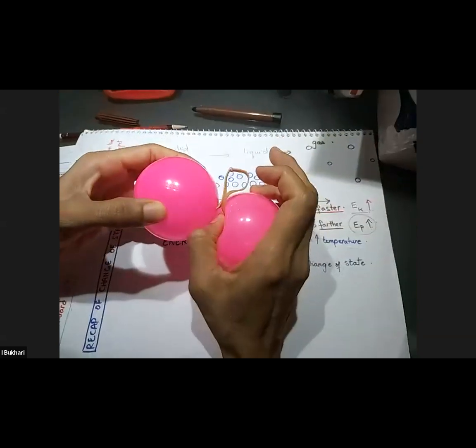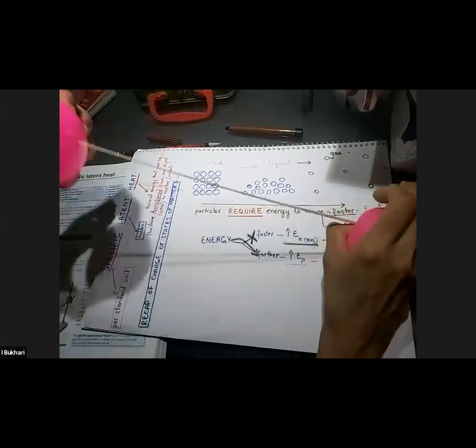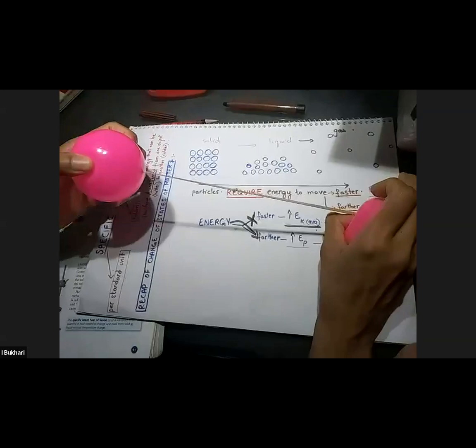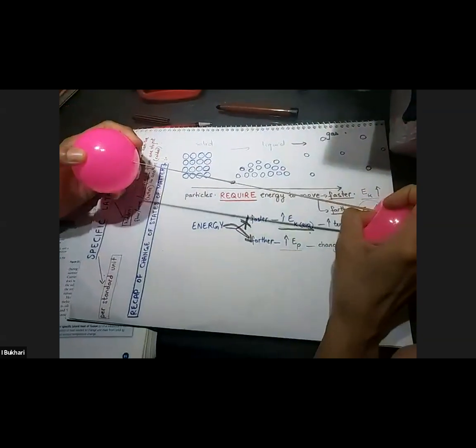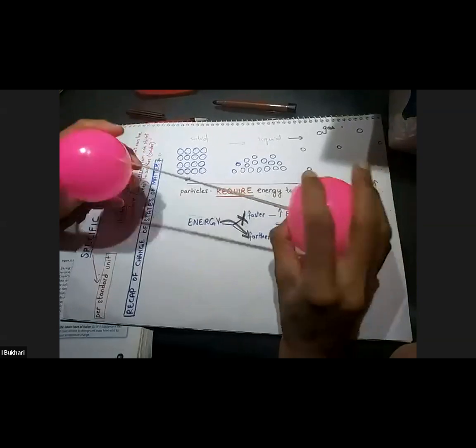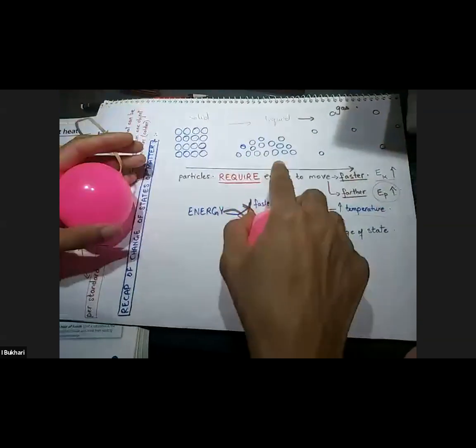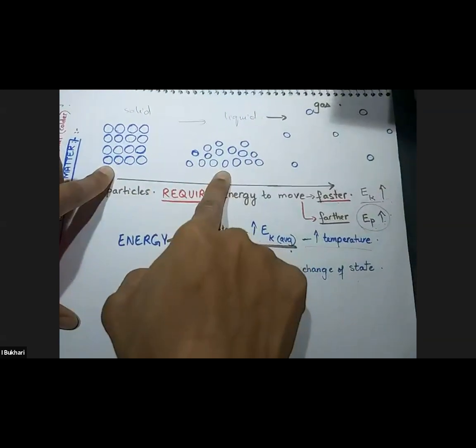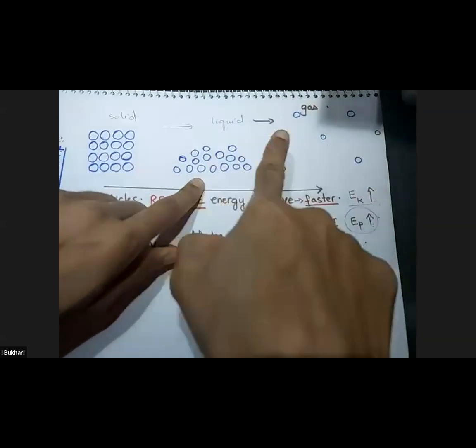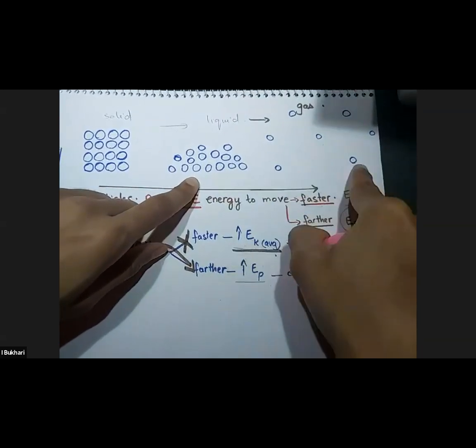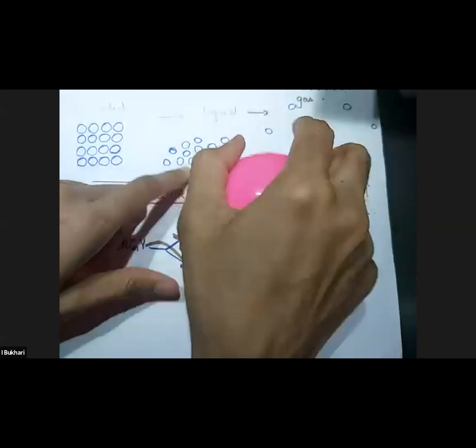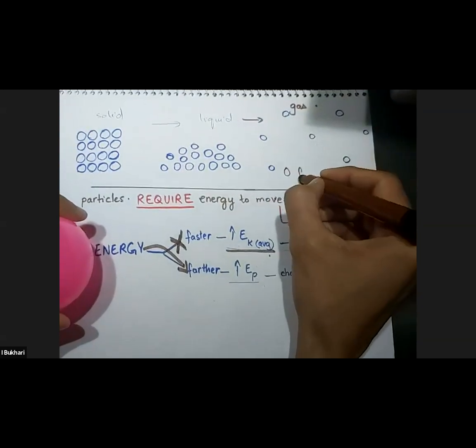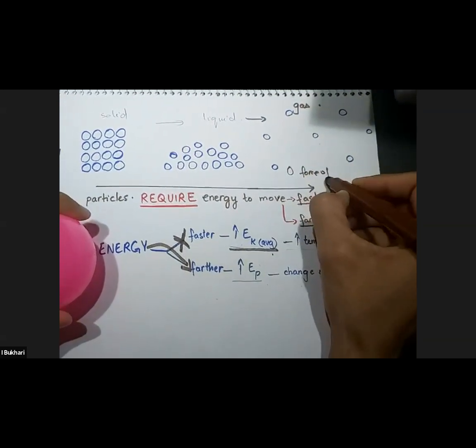The distance has increased, so the force of attraction has weakened, because the force of attraction decreases as the distance increases. From liquid to gas, it is totally breaking, because in gases there is zero force of attraction between the molecules.